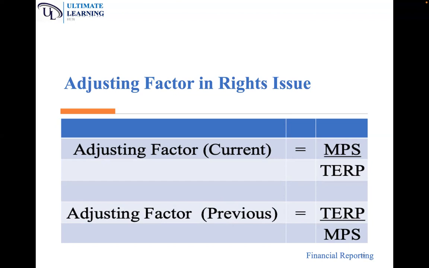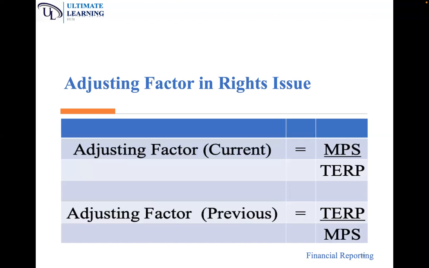We will use the market price of the shares divided by what we call TERP, the theoretical ex-rights price. So what is the theoretical ex-rights price? It is the average price of the shares after the rights issue.